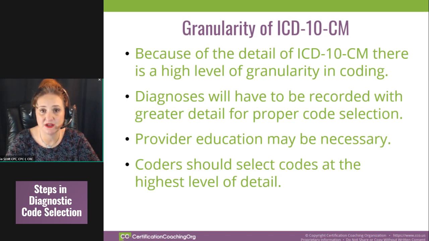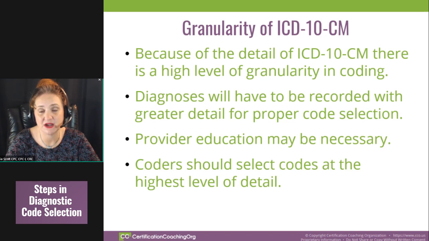But we didn't have as much granularity in ICD-9 as we have in ICD-10. And what is granularity? It just means that we're able to get to a higher specificity than we've ever been able to do in the past. And that's one of the things that ICD-10 is known for.